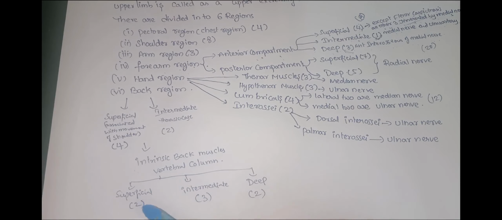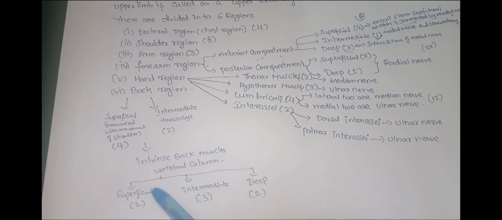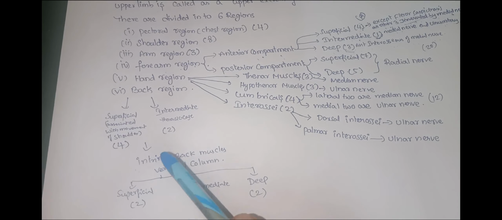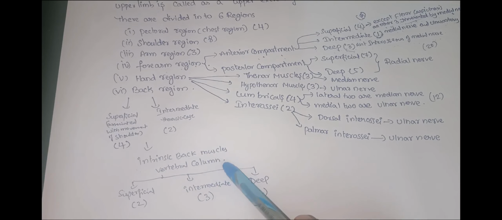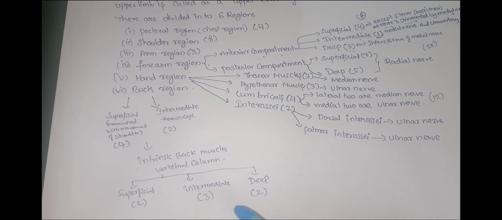These are again subdivided into 3 groups: superficial group, intermediate group, and deep group. What is the function of intrinsic back muscles? They are associated with the movement of the vertebral column. The superficial group consists of 2 muscles, the intermediate group consists of 3 muscles, and the deep group consists of 2 muscles.